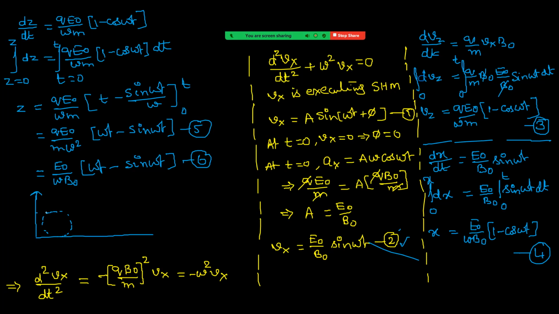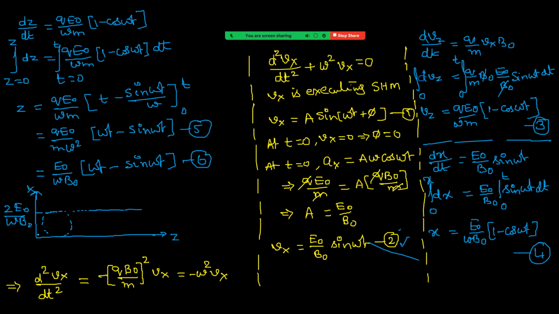This is 2 E naught by omega B naught, this is x and this is z, because for x there is an upper limit, 2 E naught by omega B naught, the maximum value of x.